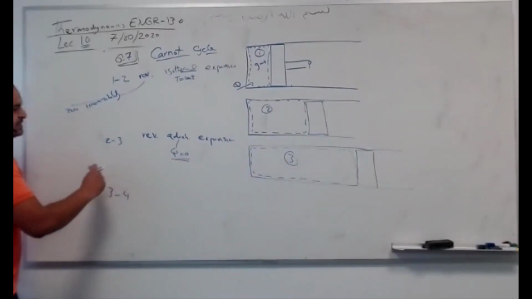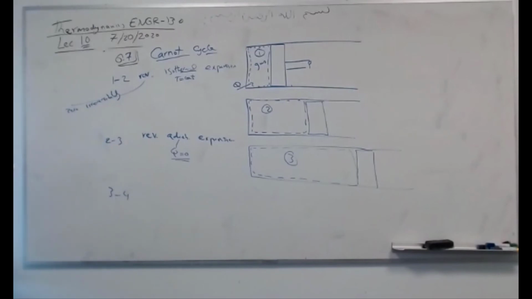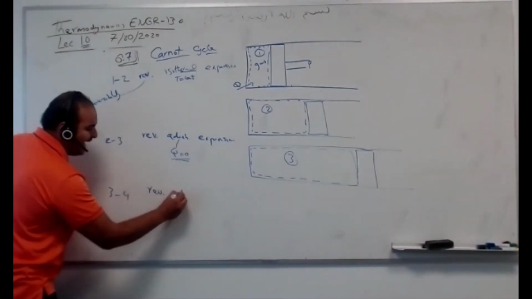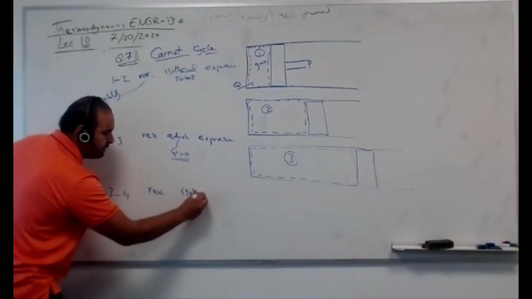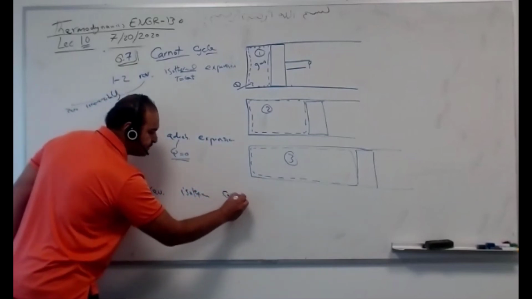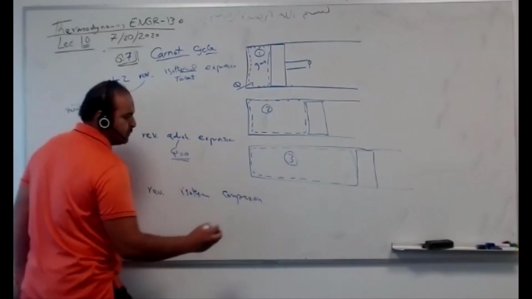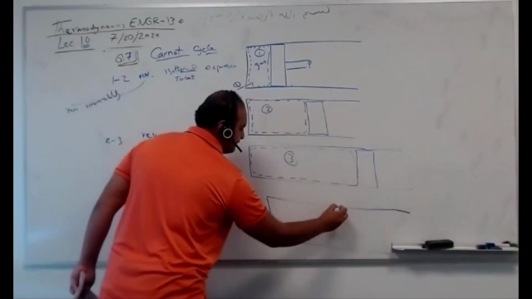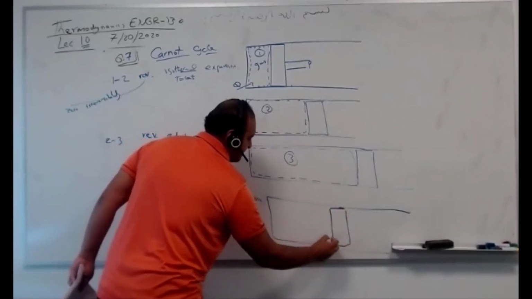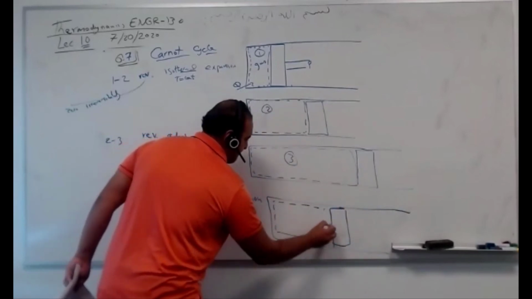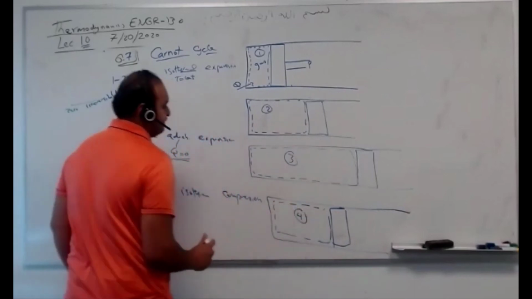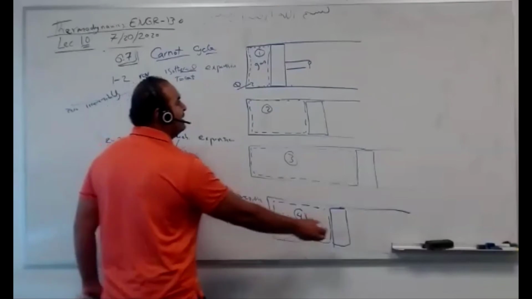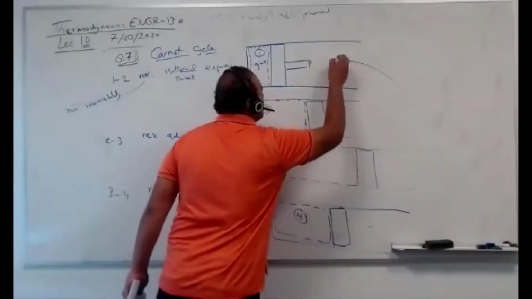3 to 4, now this is compression. Reversible, isothermal compression. So it's gonna go back something similar to this one. So from 4 to 1, gonna go back to 1, exactly like 1.